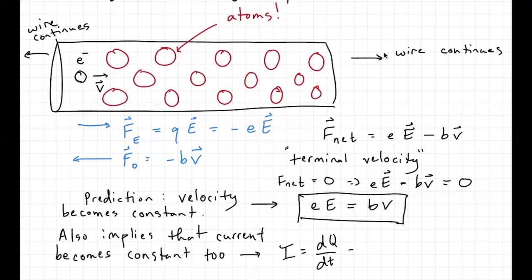And I can also write, and you can convince yourself of this if you think about it, that if I take the charge density, that is the charge per length in this wire, and multiply it by the velocity of the charges, I get the current. So if the velocity of the charge becomes constant, then the current flow also becomes constant. You can convince yourself of that and think about it. We can talk about it more, but I don't want to necessarily get into that here.